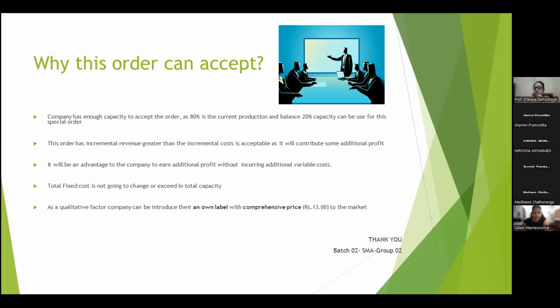The normal price is 20 rupees, and we are launching this new special order at 13 rupees for the supermarkets. Only those two points? Yes, madam. Okay, right, good.